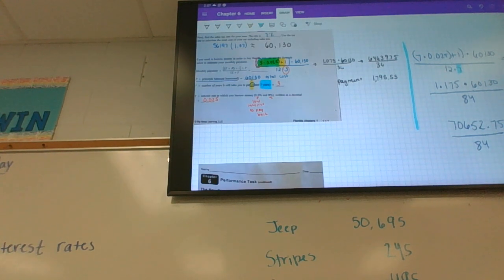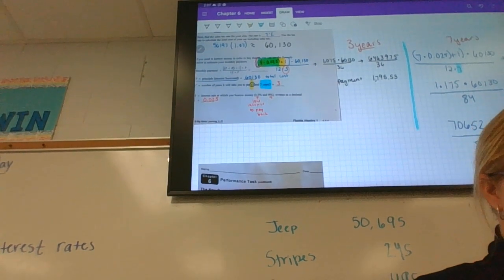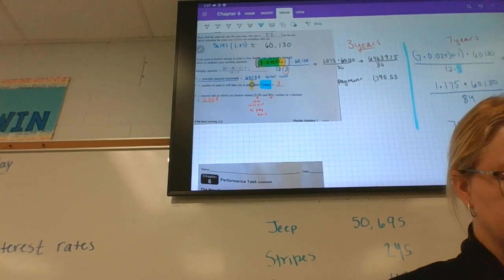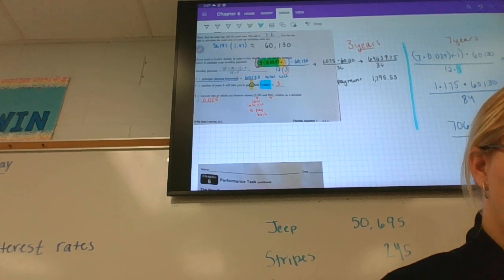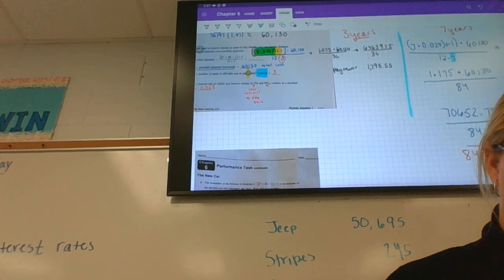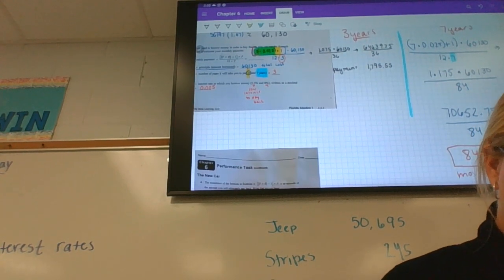After all that interest paid, it's actually 70. Okay, now I'll divide by 84, and that'll give me my monthly payment. Okay, 841. Still significantly higher than anything I've ever paid, but for the car.